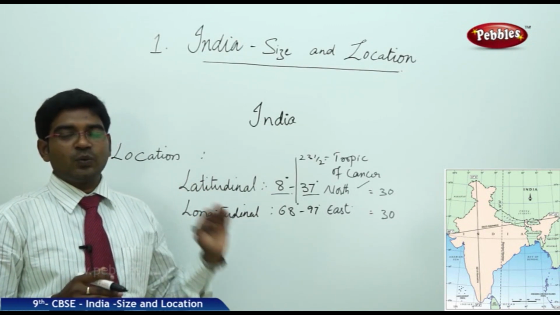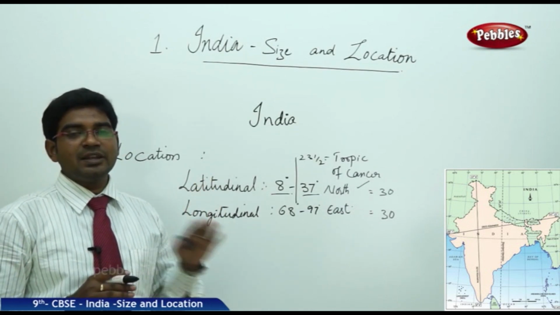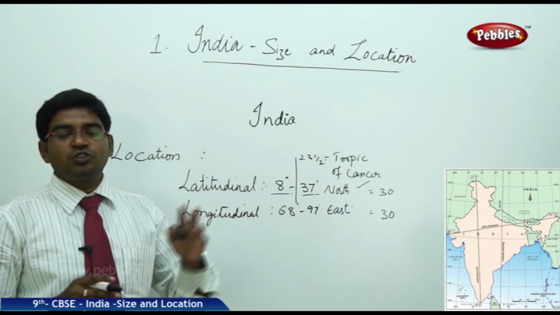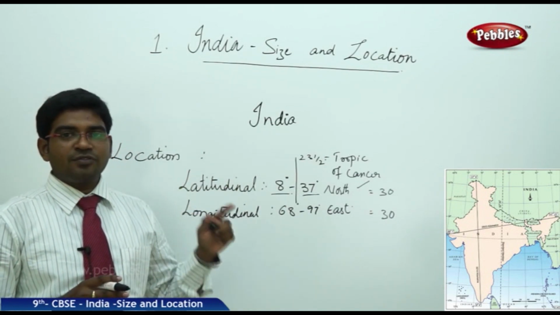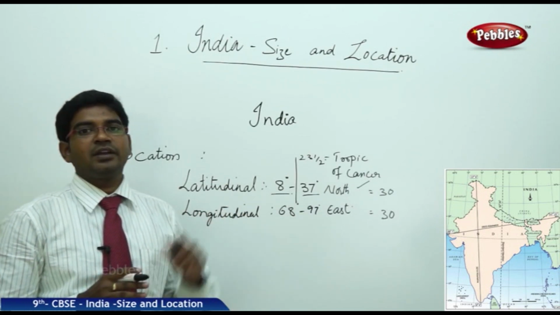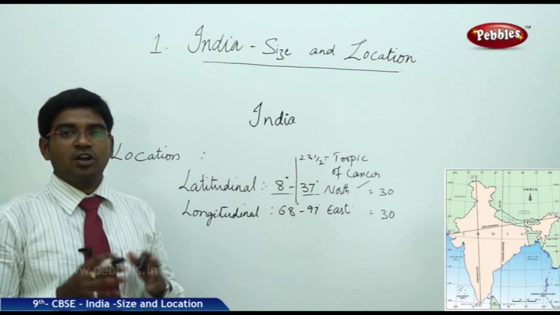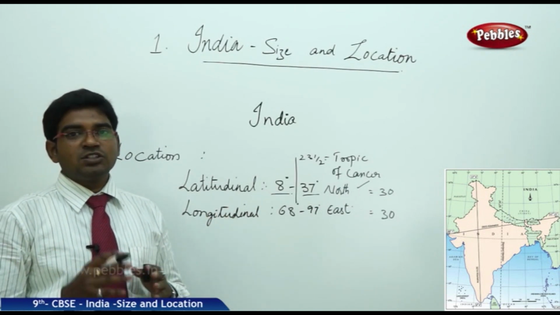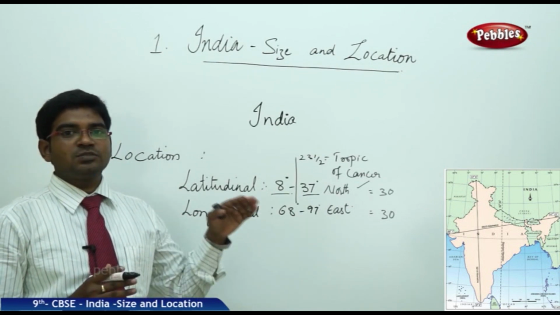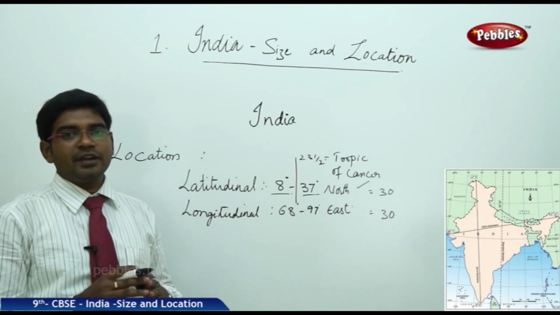Just as the equator divides the entire world into two equal hemispheres, in a similar way India has been divided by the Tropic of Cancer into two parts. The region which lies below the Tropic of Cancer experiences hot climatic conditions because it comes under the torrid zone, whereas the land above the Tropic of Cancer comes under the temperate zone.